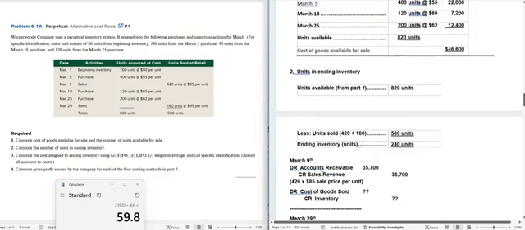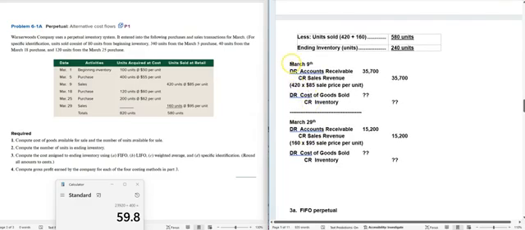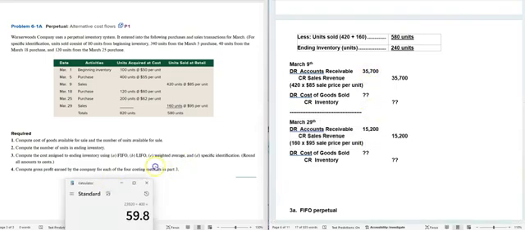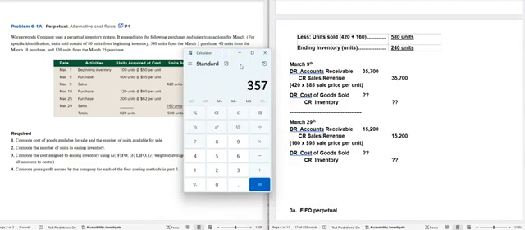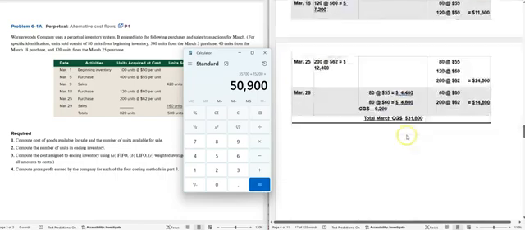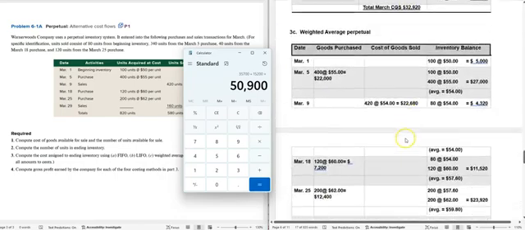Because remember, these methods do not affect the revenues. The revenues are the same regardless of which method we use to assign a cost. So the revenues for every single one of these for the month of March is going to be the 35,700 plus the 15,200, or 50,900.